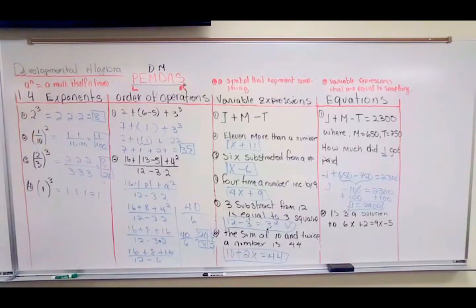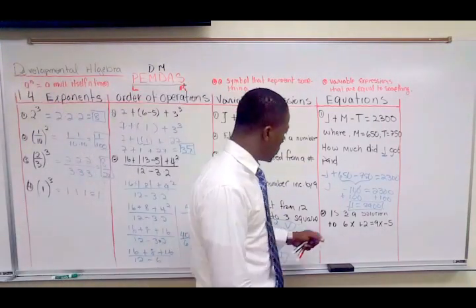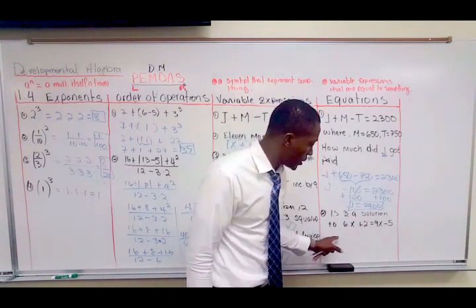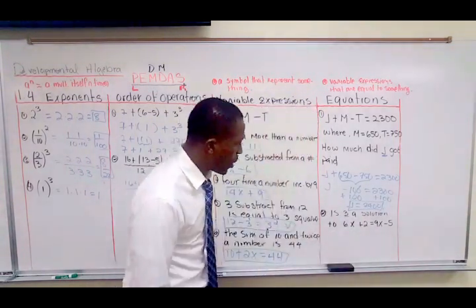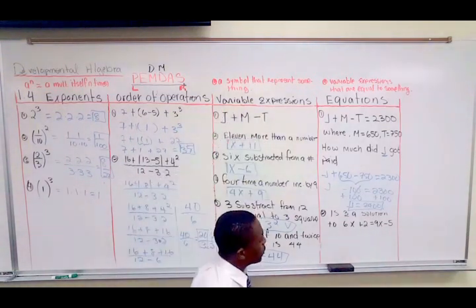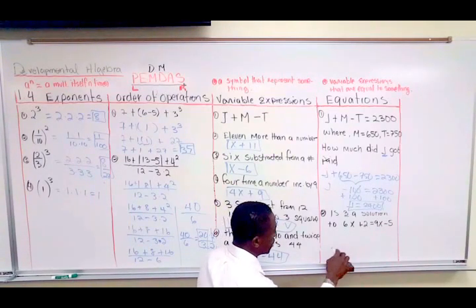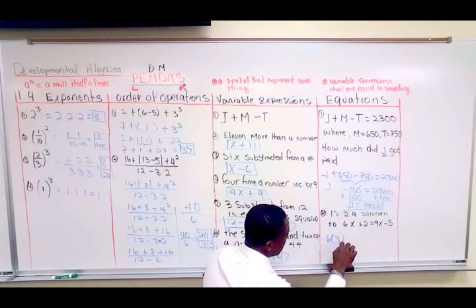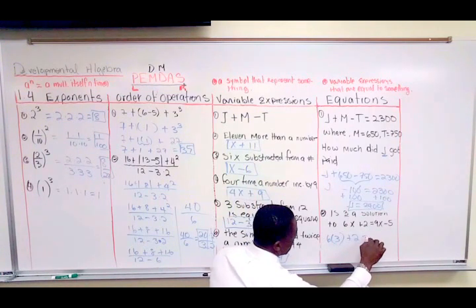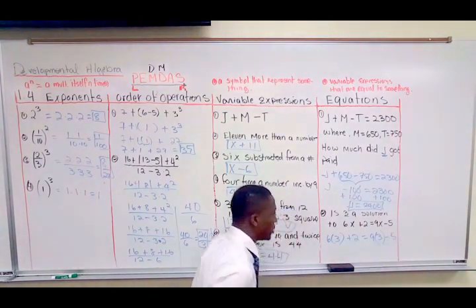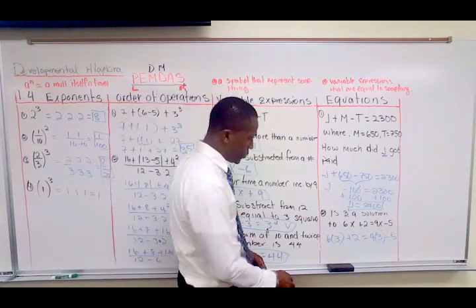The last question here asks, is 3 a solution to this equation you have here? So wherever you have x, we'll put in 3. We're going to check to see if it makes both sides equal to each other. So you have 6 times 3 plus 2 equals 9 times parentheses 3 minus 5. Do both sides equal each other?